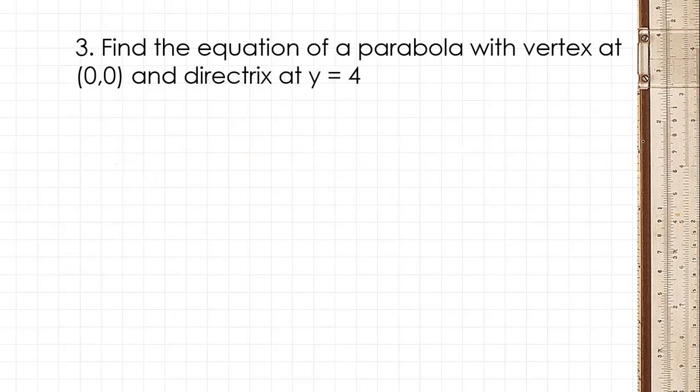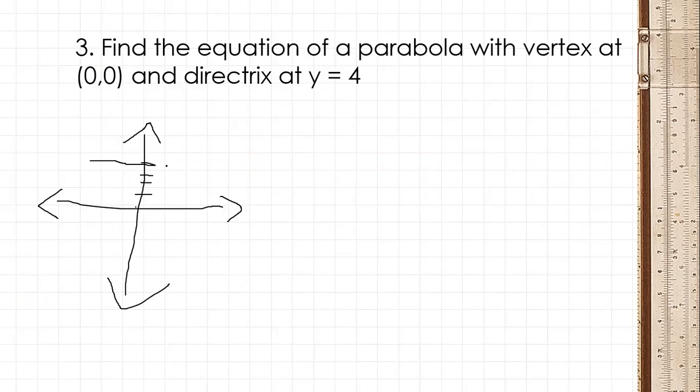Example number 3. If our vertex is at 0, 0 and directrix at y equals positive 4. Our vertex is at the origin again, and then our directrix is at positive 4: 1, 2, 3, 4. So this is the line of our directrix.